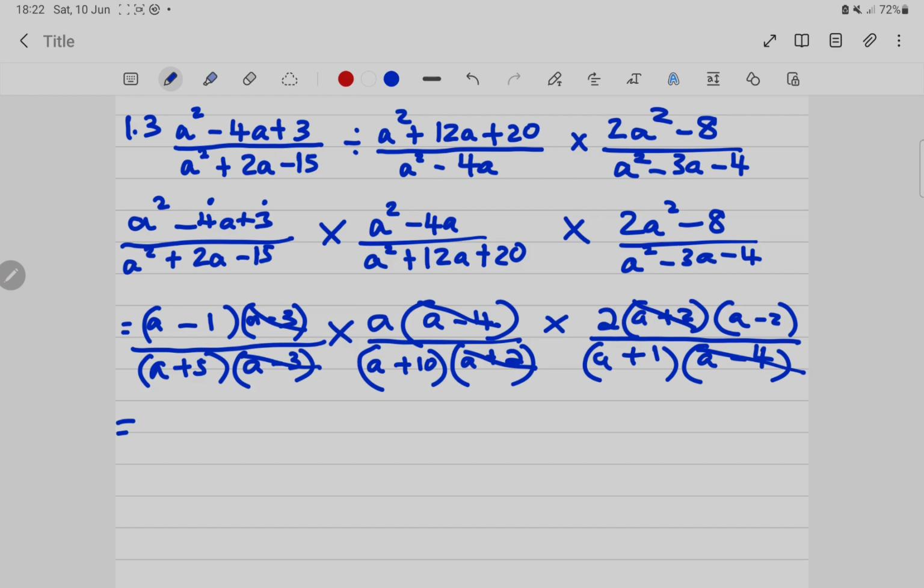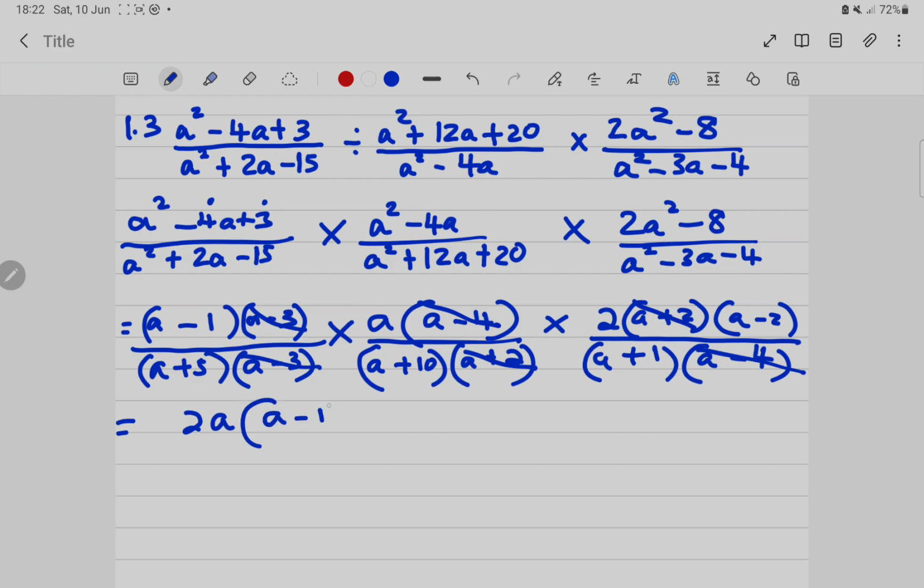So let's see what is left as a numerator. We've got a minus 1 and a and 2 and a minus 2. So let's start with the coefficient. What is a times 2? It is 2a. Then what is a minus 1 into a minus 2?